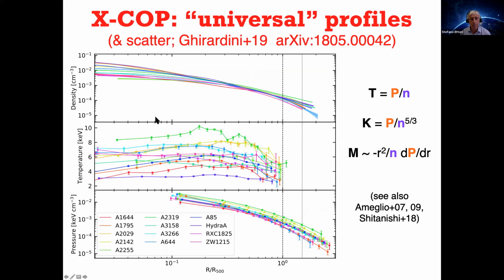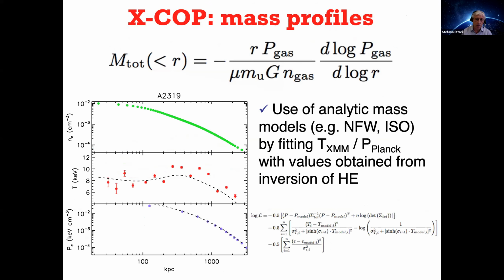Basically, density and temperature are independent measurements coming from X-ray, whereas the pressure is a quantity that comes from the Planck measurement. And through the combination of these quantities, applying the perfect gas law and the hydrostatic equilibrium equation, we can recover the total mass distribution, the total mass resolved as a function of radius for these systems.